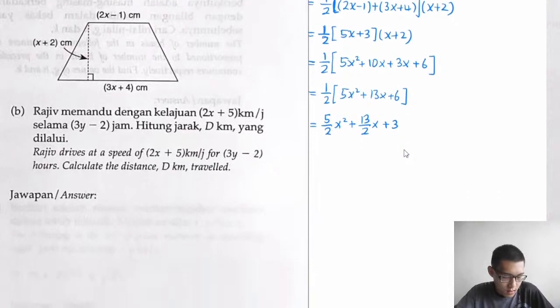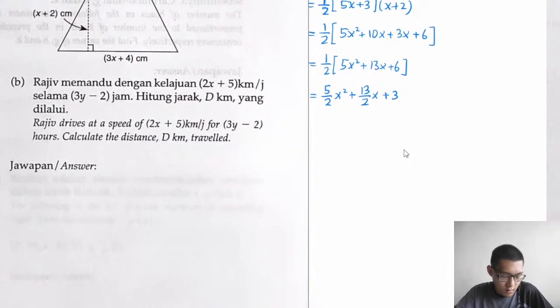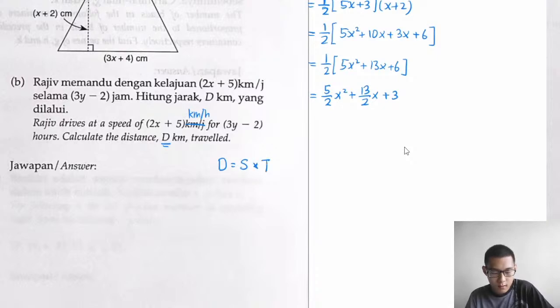For B, a large jeep drives at a speed of 2x plus 5 km/h for 3y minus 2 hours. Calculate the distance d km travelled. For this one you apply our algebra, because we haven't learned the distance travelled yet. Distance travelled is equal to speed times time, DST.